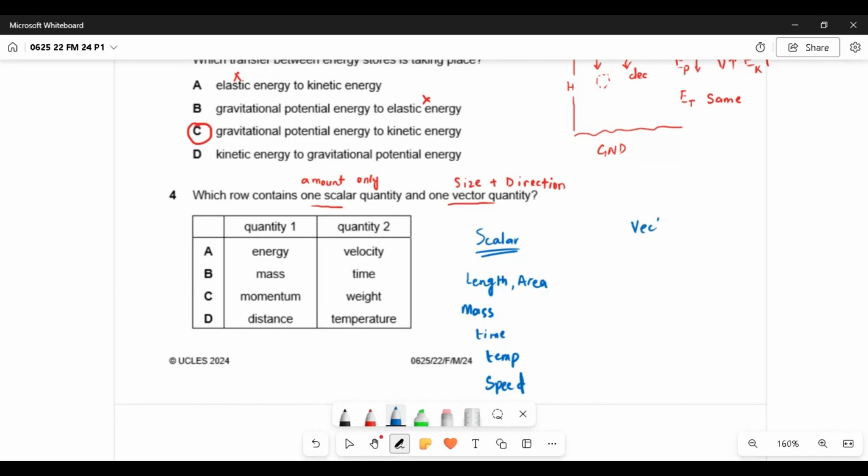When we talk about vectors, we should have displacement, it's a vector. We remember acceleration is a vector. We need to remember velocity is a vector.